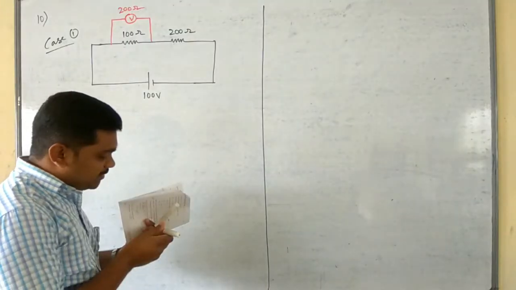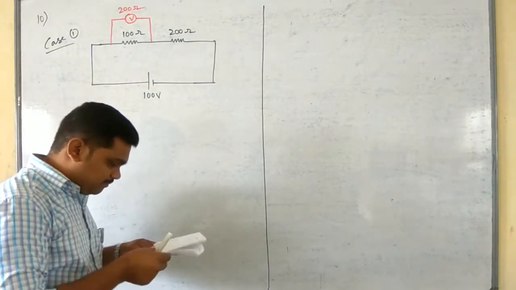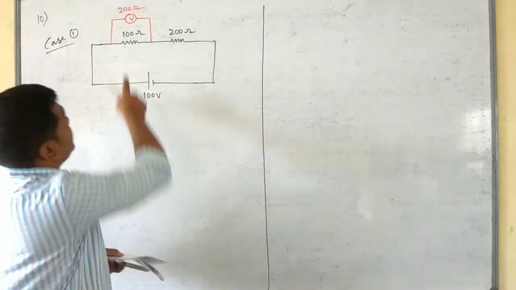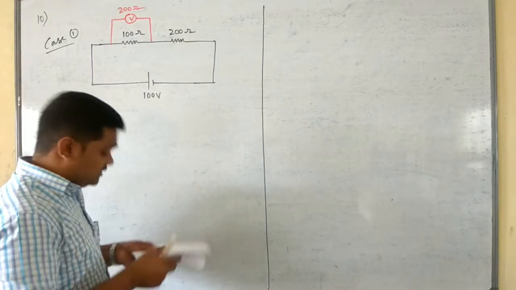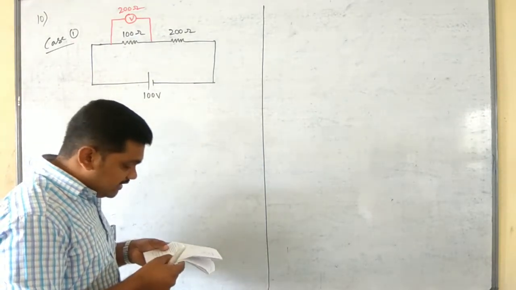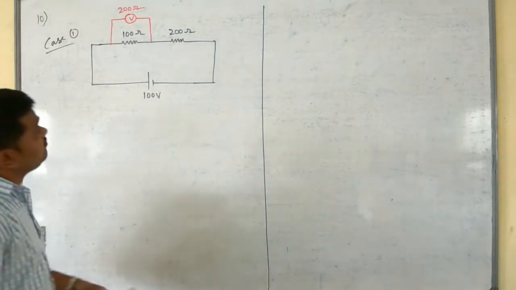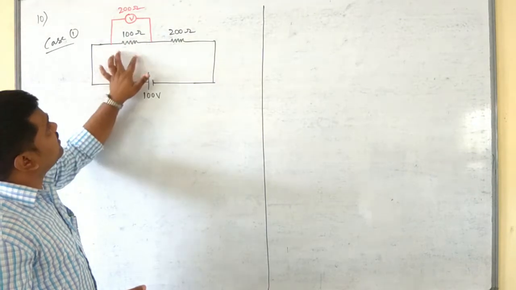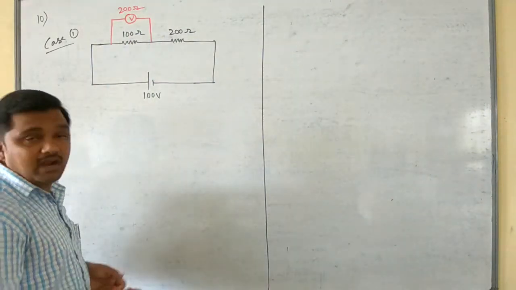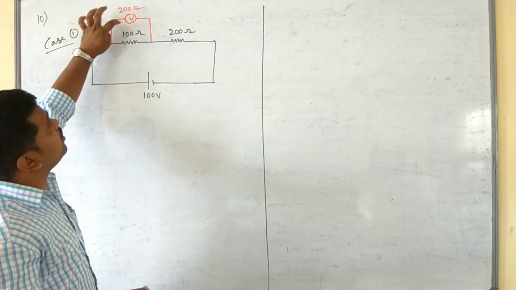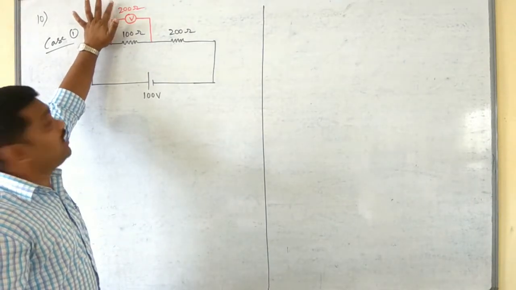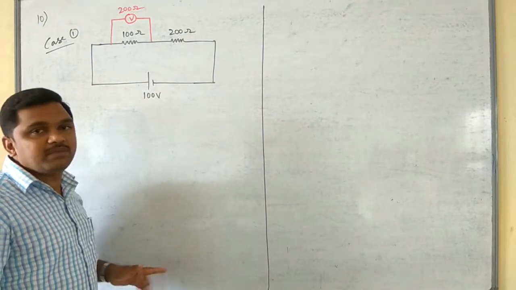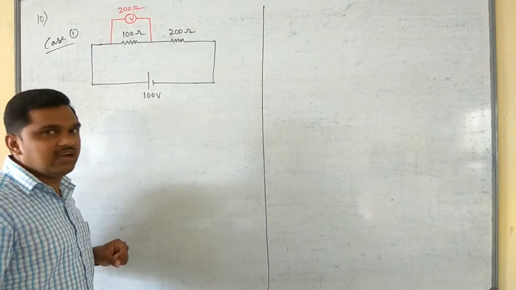So in case 1, we want to find out what the reading of the voltmeter is. I have connected the voltmeter across the first resistor, that is 100 ohm. Even so, that voltmeter has a resistance of 200 ohm. Actually, an ideal voltmeter has an infinite resistance, isn't it?